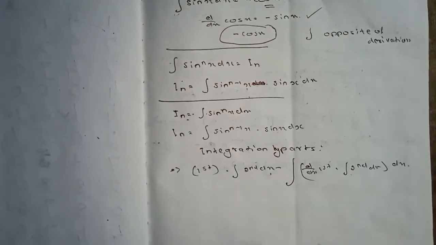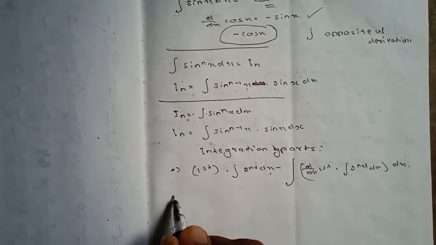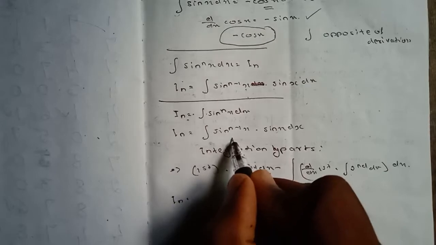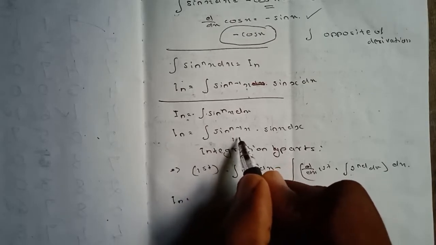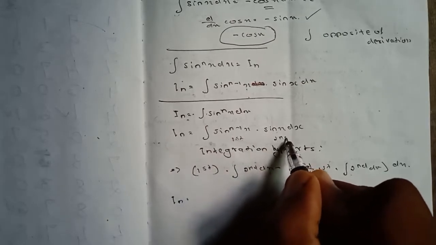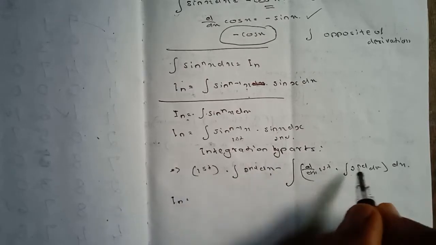Then we want to find I_n. Here we take sin^(n-1) x as the first function and sin x as the second one. Then we put it into this formula.